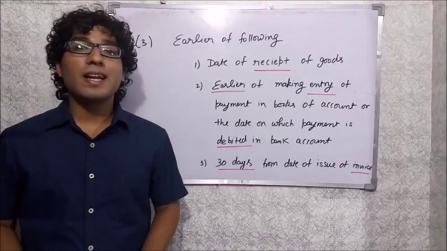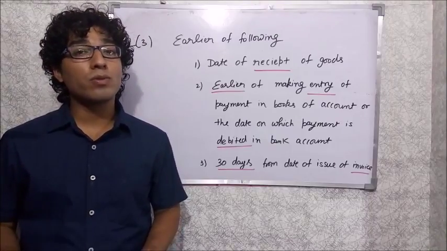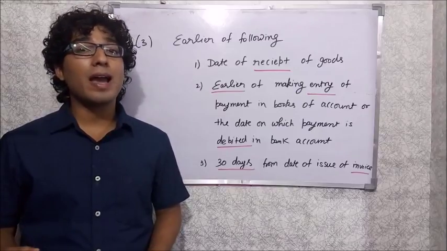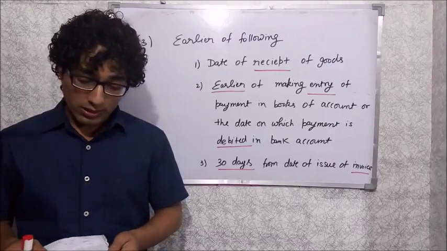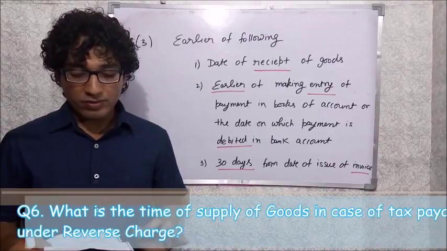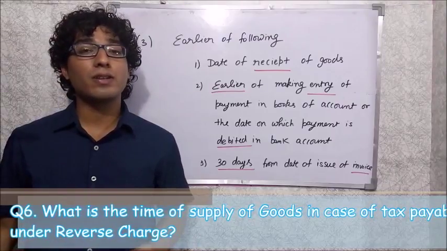The next question is relating to the reverse charge. What will be the time of supply of goods in case the supplier of goods is under the reverse charge compulsion? And the question is, what is the time of supply of goods in case of tax payable under the reverse charge?